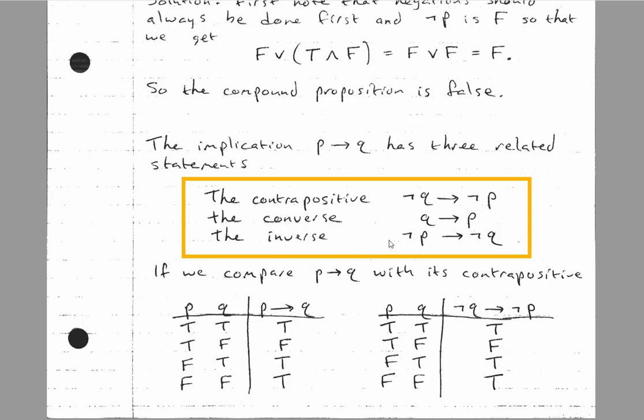And also the inverse, that's the last combination, not P implies not Q. Alright, so yeah, it's getting a bit confusing. But the main one we're interested in is this contrapositive. Not Q implies not P.